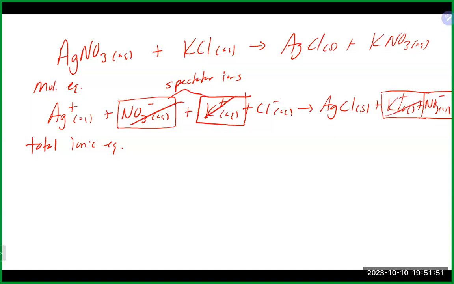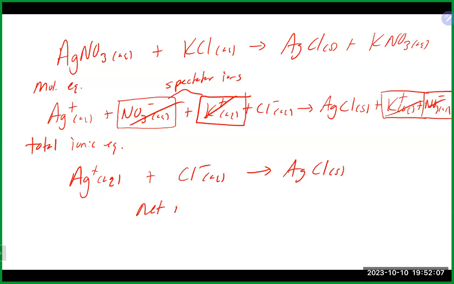When we cancel them out, we get our net ionic equation about what is really happening in this case, which is the silver ion is going to get together with our chloride ion and basically make our solid of silver chloride, which is the reason why this reaction took place. That is our net ionic equation. Any questions on that there?